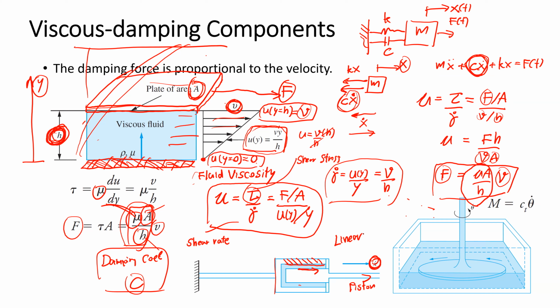How about for the rotational application? For the rotational application, if you put the disc beneath the fluid and you rotate the disc, with the radius, we're going to have the velocity of each position on the disc depending on the radius.